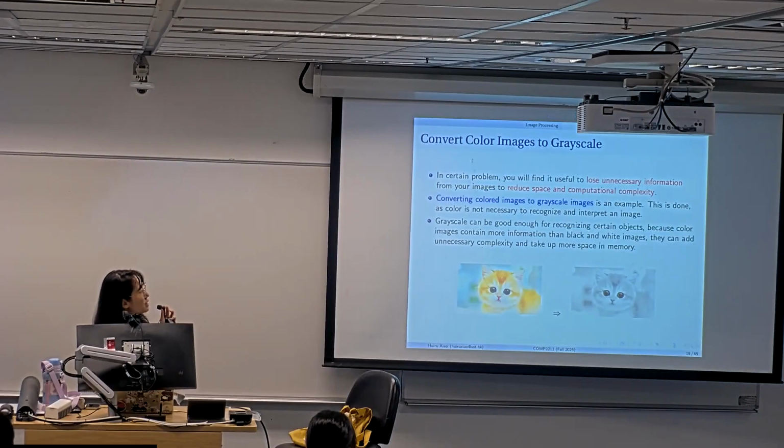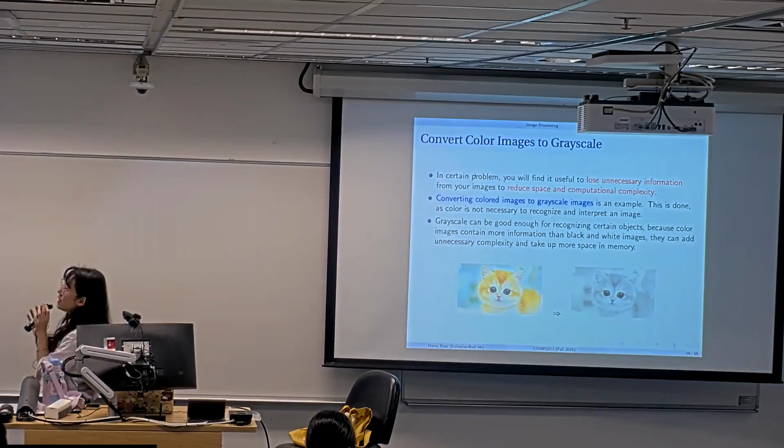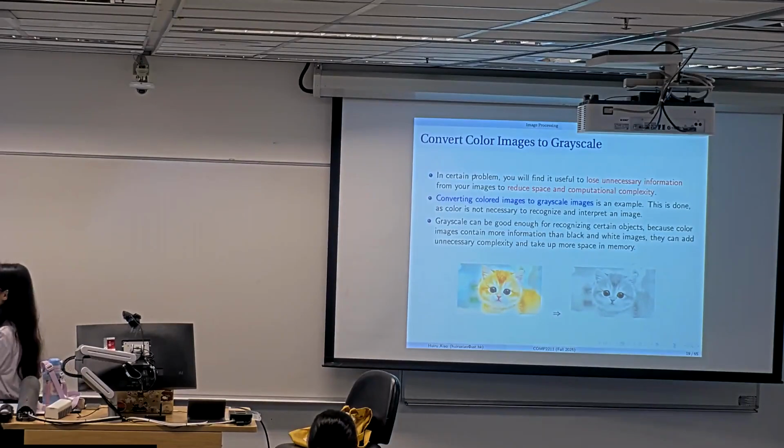So first, the image processing is about converting the color image to grayscale. We know that the color image has more channels than grayscale. For grayscale, we only need one value for each pixel, but for RGB, or color images, each pixel has 3 values.